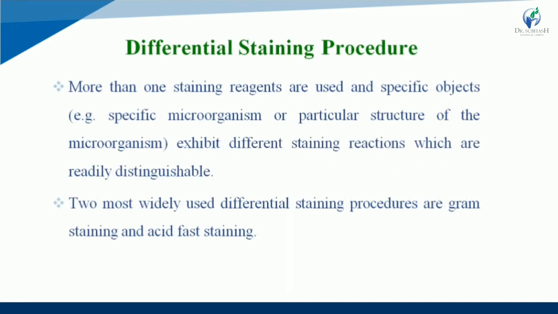What is the differential staining procedure? In the differential staining procedure, more than one staining reagent is used, and specific objects, for example a specific microorganism or a particular structure of a microorganism, exhibit different staining reactions which are readily distinguishable.